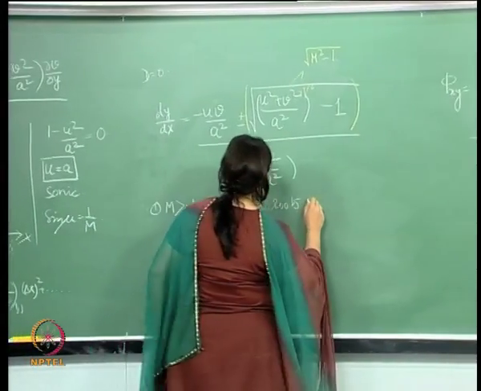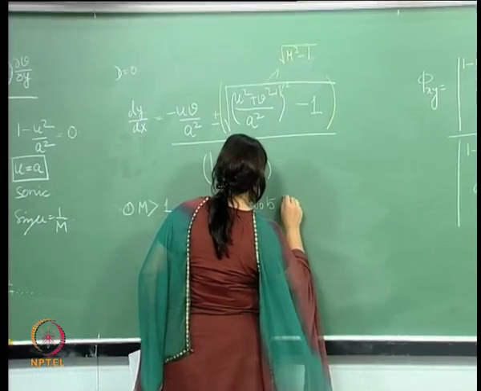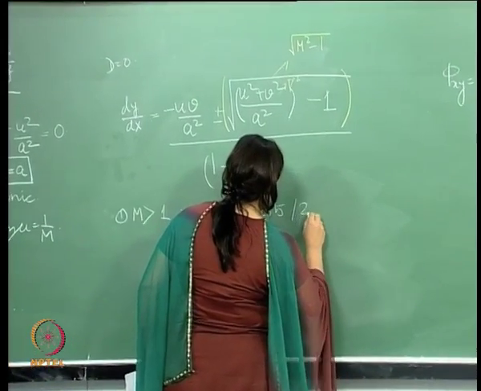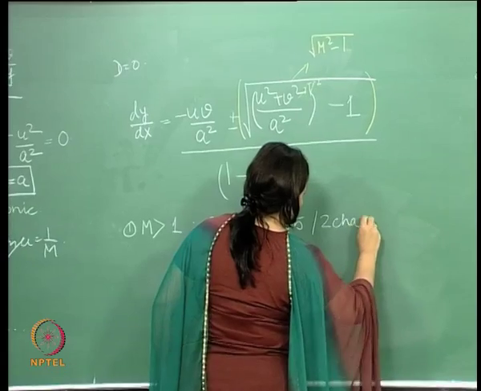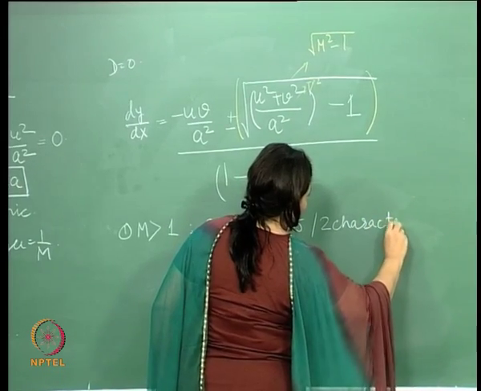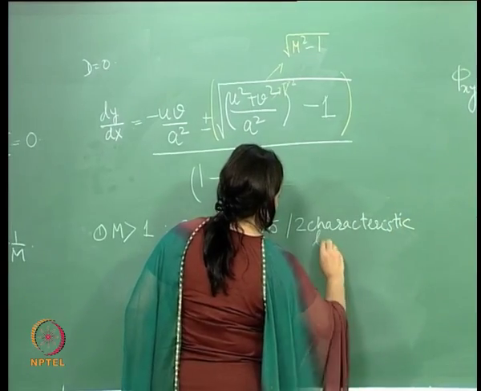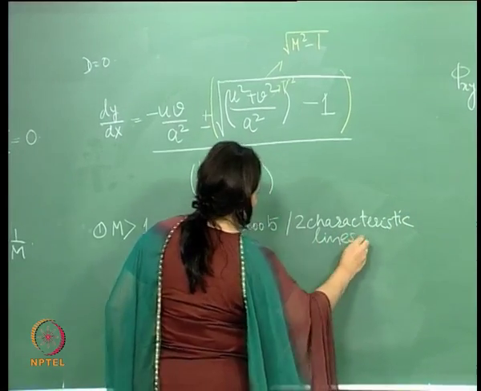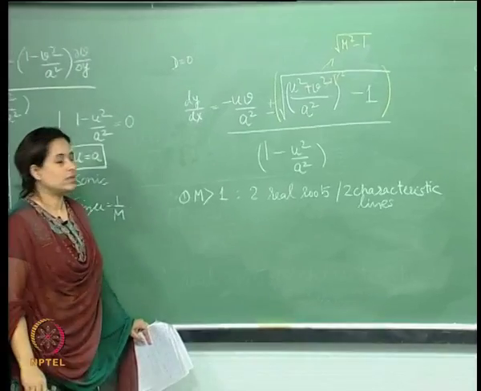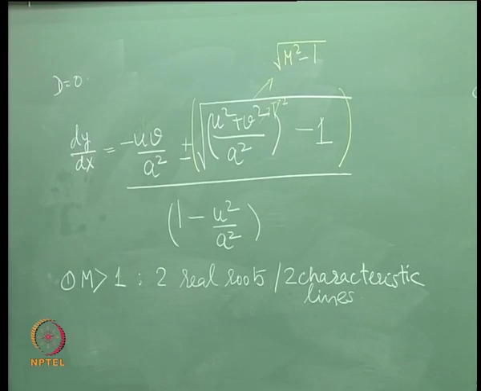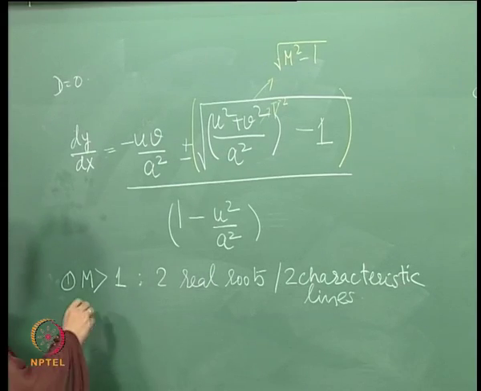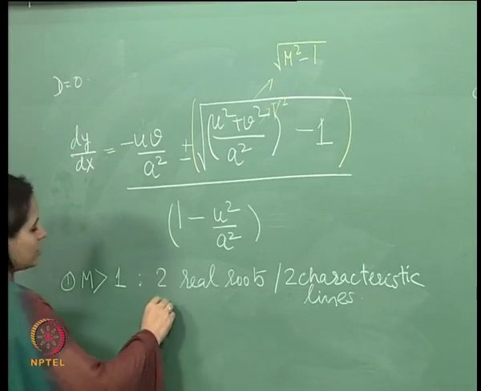So 2 real roots means 2 characteristic lines, right. And this physically means that this is a supersonic flow.